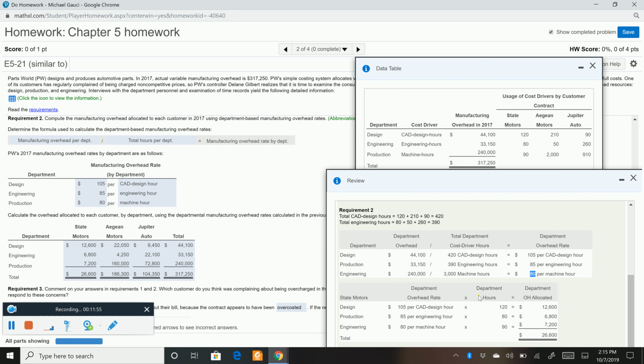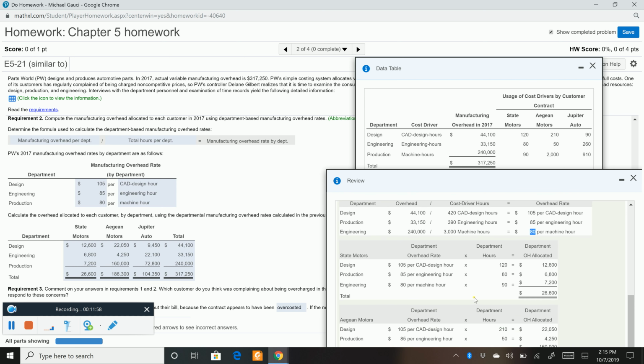So for each client, we will use these 3 independent overhead rates. For the customer State Motors, there were 120 design hours times 105, your rate. For production, remember, there was a typo there, 90 times the $80 per machine hour.